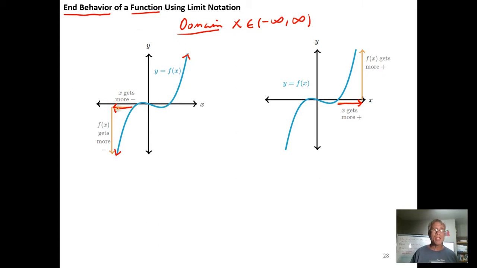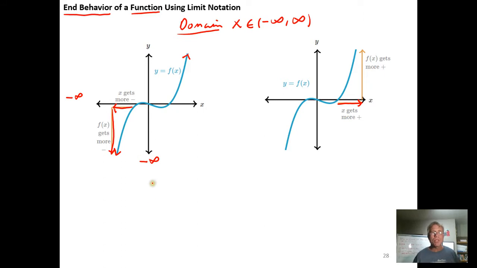So for this particular function, I see that as x goes to the left and becomes infinitely large but negative, as it moves out towards negative infinity, this arrow has a vertical component that's facing down towards negative infinity on the output axis.